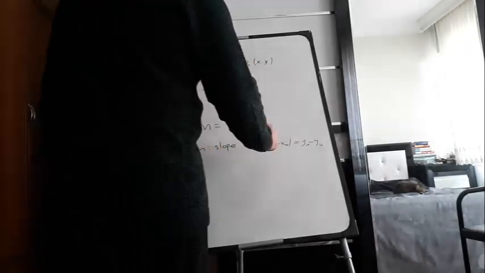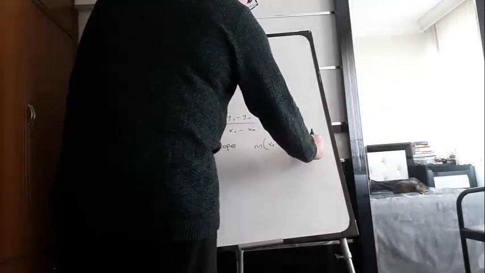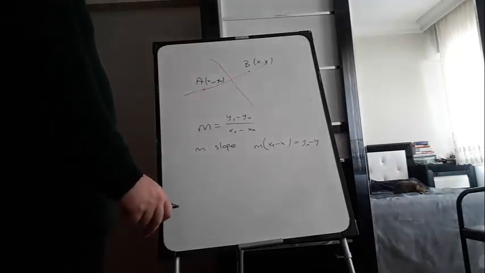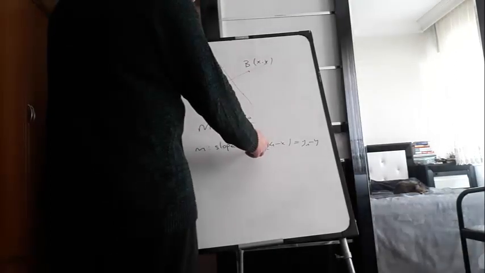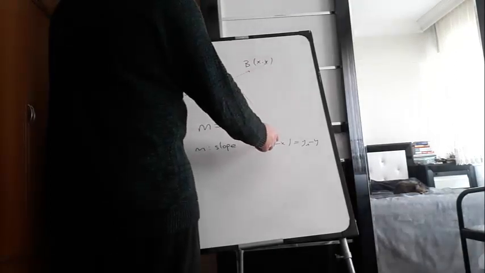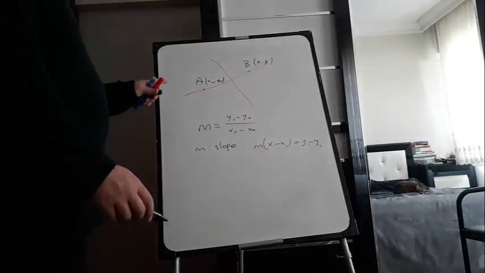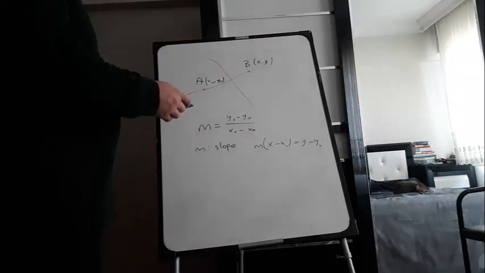When we write this equation again, we have a slope m and the point A, x0, y0.